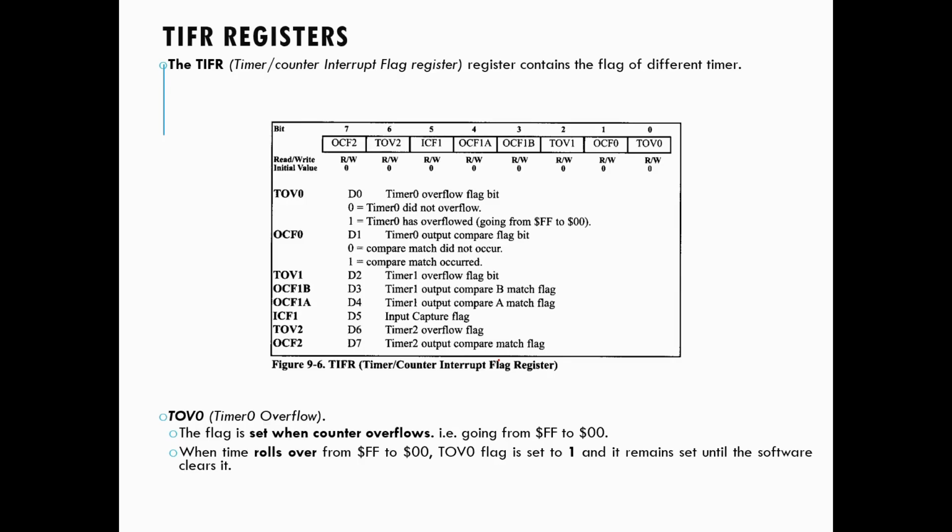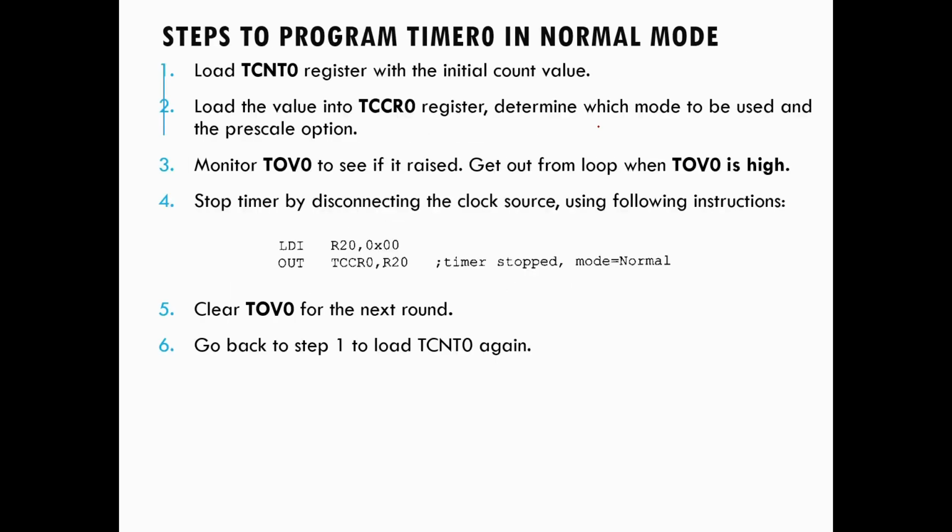Here you can see the OCF value over there, and also the TOV. So if TOV is 0, the OCF will be either 1 or 0, depending on the comparison of the TCNT and OCR values.